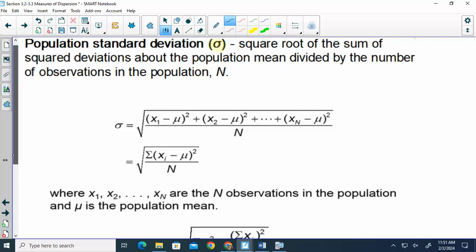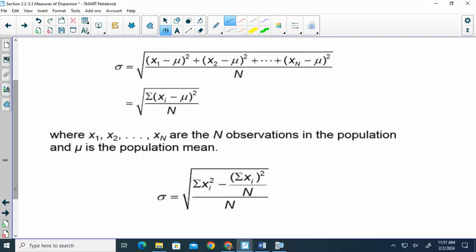There's a couple different ways of calculating it. Nasty looking formulas, but essentially you take each value minus the mean, square it, do that for every point, add them all up, divide by n, the total number of points, and then square root the whole thing.